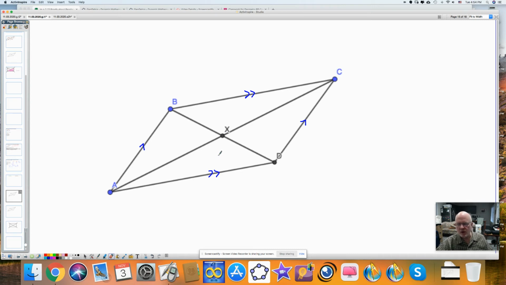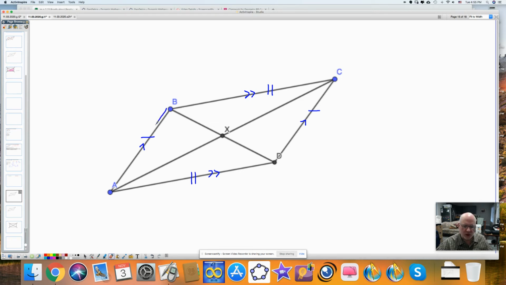Now we know from our parallelogram theorem that the opposite sides of a parallelogram are the same length. So I'm going to mark this because the opposite sides of a parallelogram are the same length. We also know that a transversal crosses parallel lines.